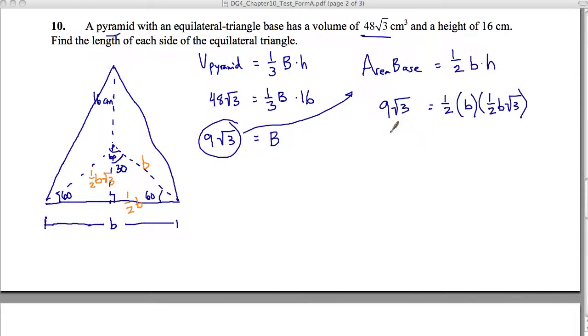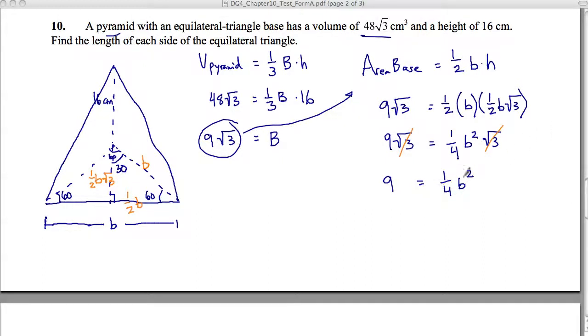All right, so let's go ahead and simplify here. 9 square root 3 is equal to 1/2 times 1/2 is 1/4. B times B is B squared, and then we have this square root 3. Okay. To simplify this, just notice you have square root 3's on both sides, so we can cancel that out, and we're left with 9 is equal to 1/4 of B squared.